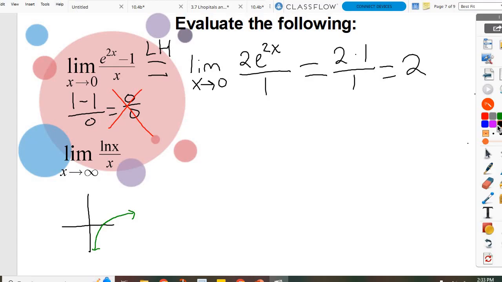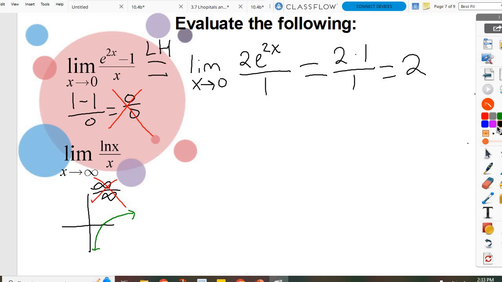So as x is going towards infinity, what are our y values going towards? Infinity, right? It's still increasing, so it's still going towards infinity. So this is still infinity, and if I plug in, we can't really plug in infinity, but if we did, we would get infinity over infinity. Agreed? Which is one of our indeterminate forms.